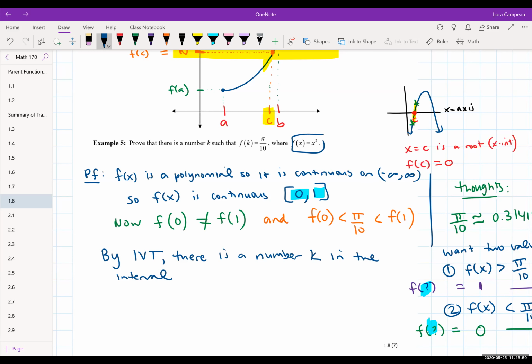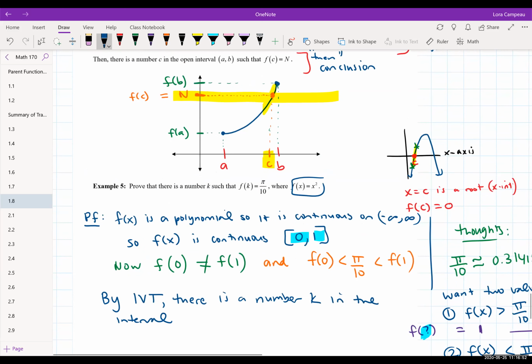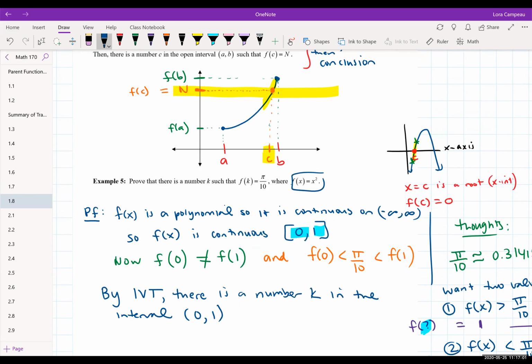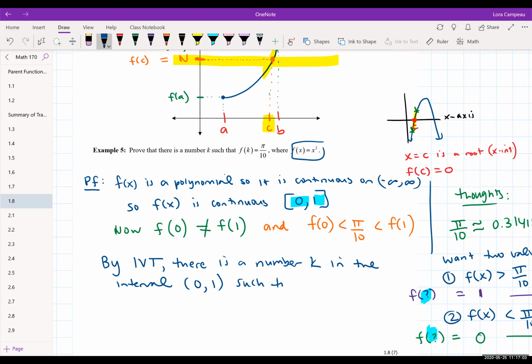And notice we're just restating our conclusion. The open interval, so in our case, the x value 0, x value 1, such that the function evaluated at that k value is equal to pi over 10. And that is the end of the proof.